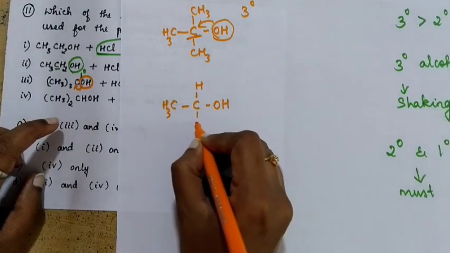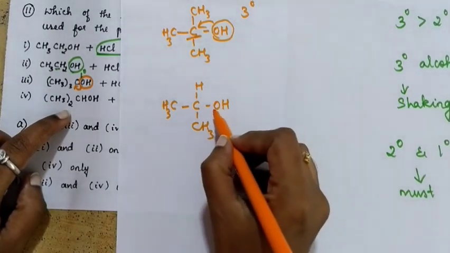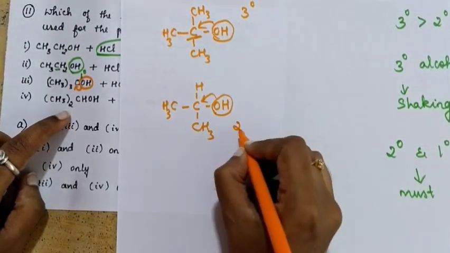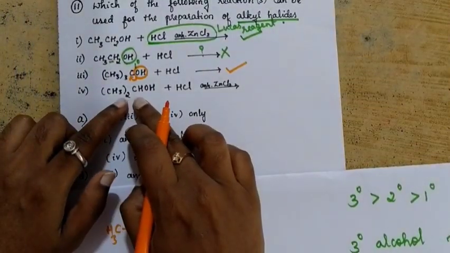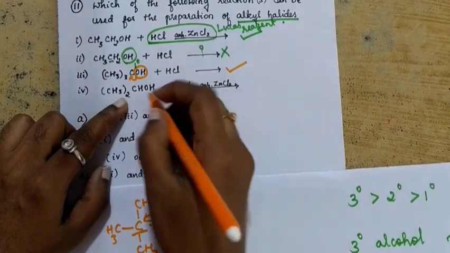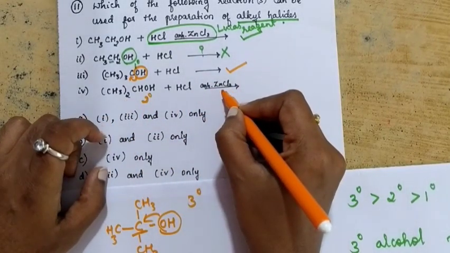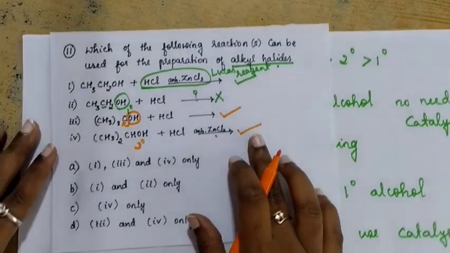CH3, CH3. This is a complete form of this particular reactant. And if you observe here, OH is bonded with this carbon atom which is bonded with 2 more carbon atoms, so it is secondary, no? So in the option they have given this reaction, secondary alcohol is reacting with HCl in the condition anhydrous zinc chloride. So here also you can prepare alkyl halide.